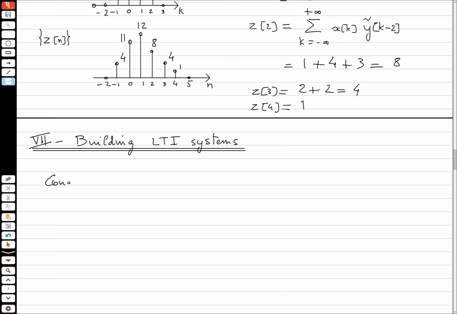Convention. Let h of n be a given sequence.